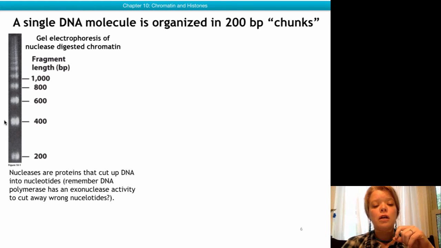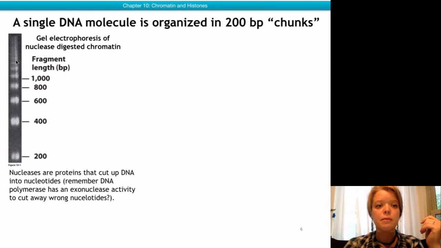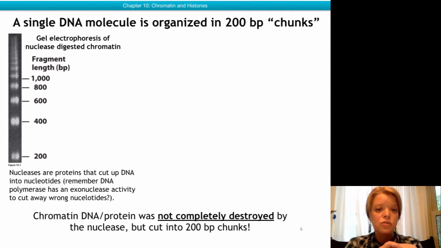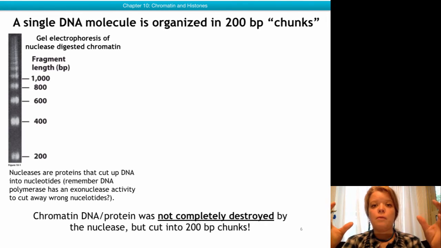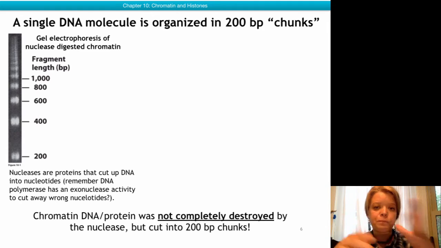Then they also saw 400 base pair bands, 600, 800, etc. You can see that this banding pattern continues for a good long time, but they didn't see any bands smaller than 200 base pairs. That suggested to Roger Kornberg and his group that the chromatin, aka DNA and protein, existed together in these 200 base pair chunks. The 200 base pair chunks of DNA were very well protected by the proteins coating the DNA.